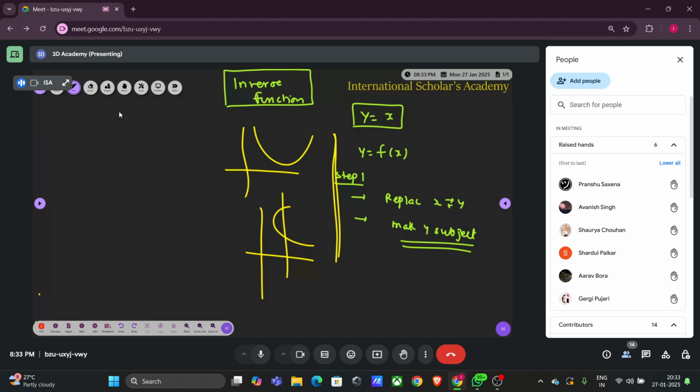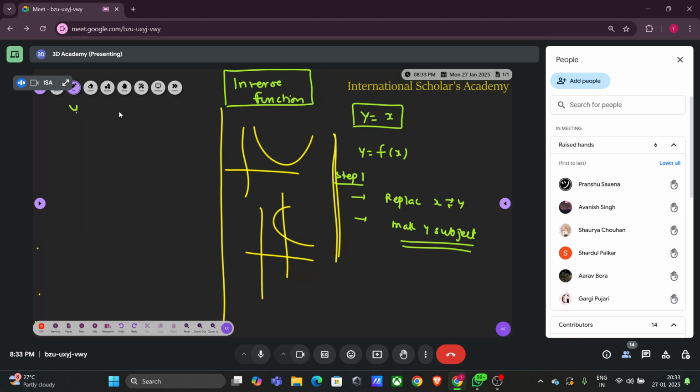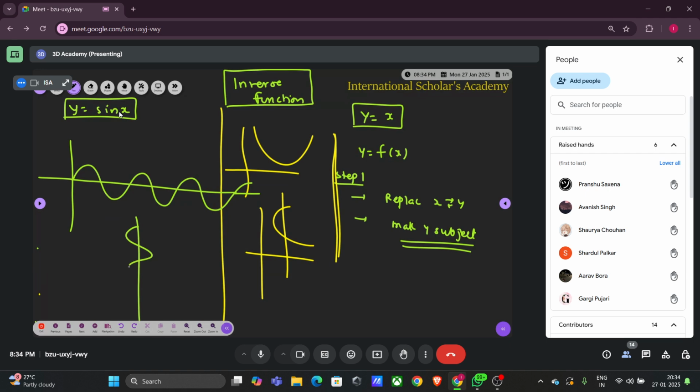Okay? Now guys, focus here. When I talk about the trigonometric function y equals sin x, its graph is like this. It is a periodic graph. It goes like this. You can put n number of x values. But when you talk about its inverse, the graph is going to become vertical like this.